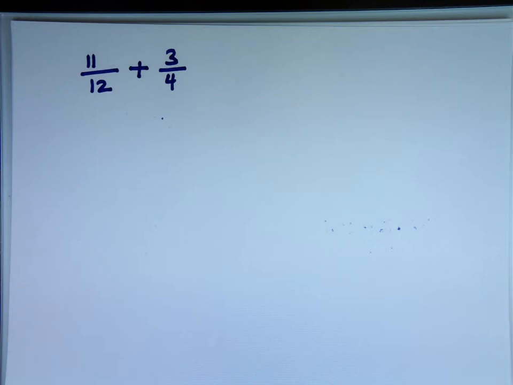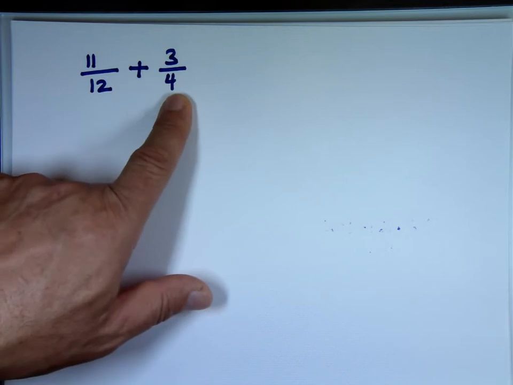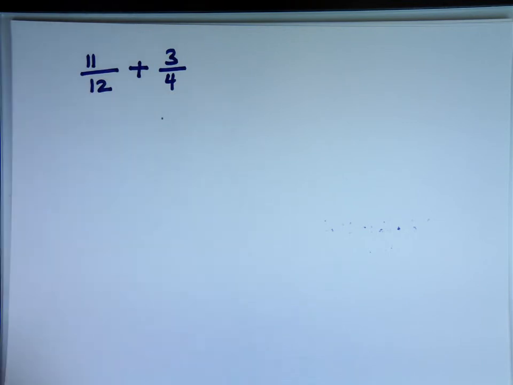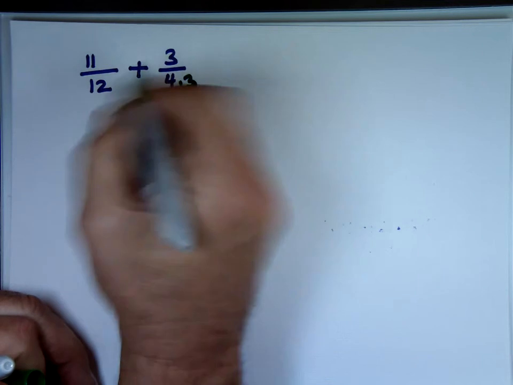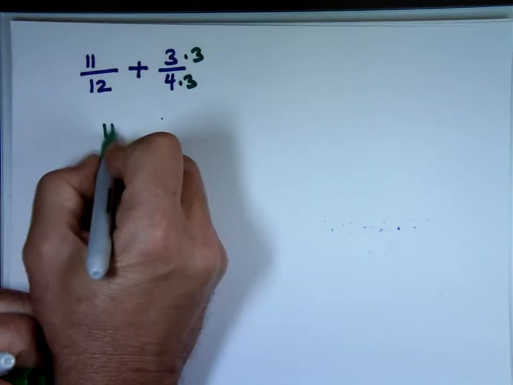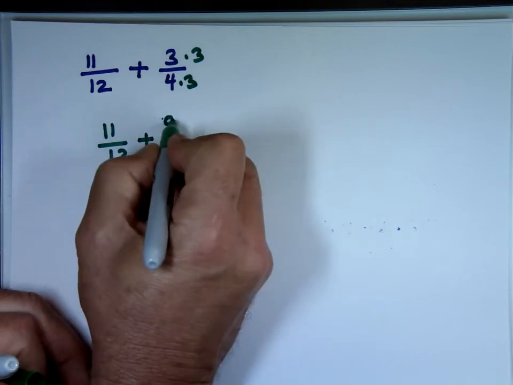And I don't have to make the tree to get the LCD. I can make the two numbers on the bottom the same if I change this number to what? 12. So, yep, exactly. So you don't have to make the tree all the time. Sometimes just by looking at it, wait a minute, if I multiply this by 3, I'm going to have a 12. So you'll have what? 11 over 12 plus what? Is that 9 over 12?